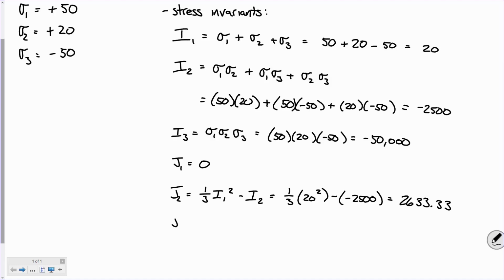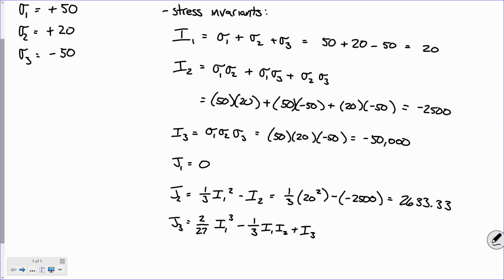And J3 is just, it's a little more involved. 2 over 27 I1 cubed minus 1/3 I1 I2 plus I3.